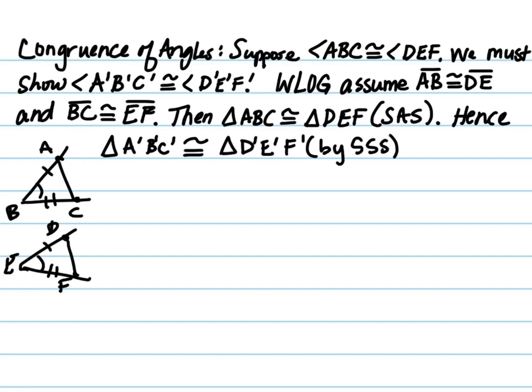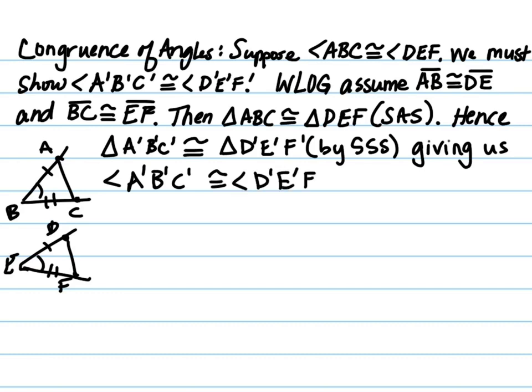We have three pairs of congruent sides, so these triangles are going to be congruent as well. This gives us the angles that we were trying to show: angle A prime B prime C prime is congruent to angle D prime E prime F prime.